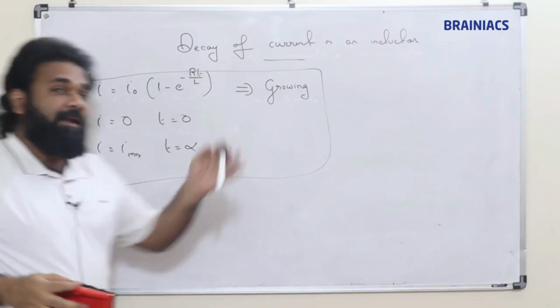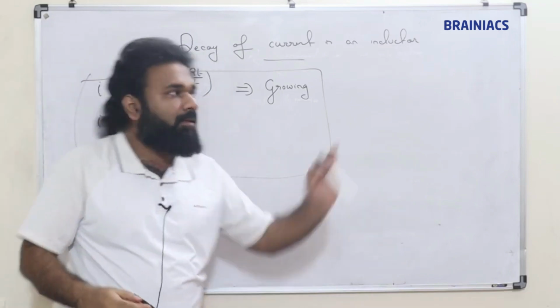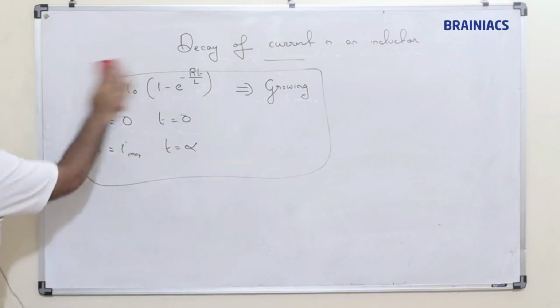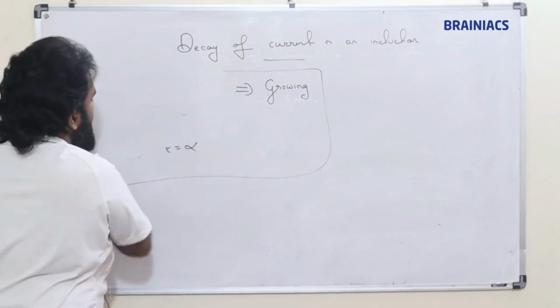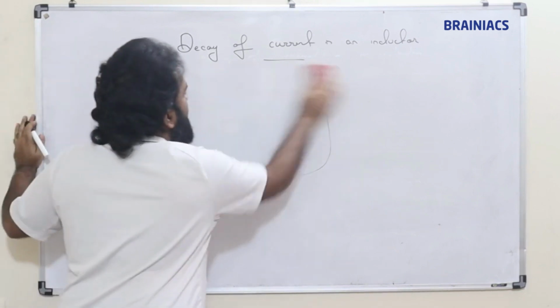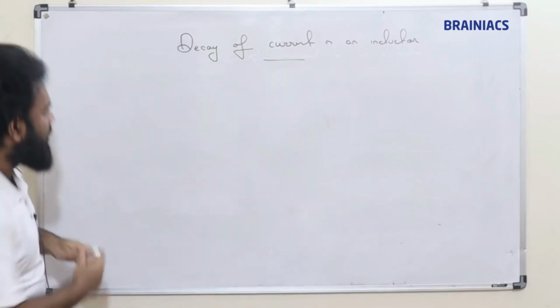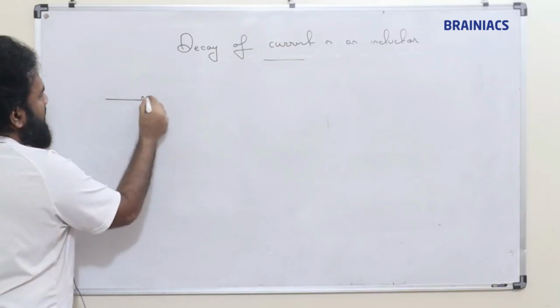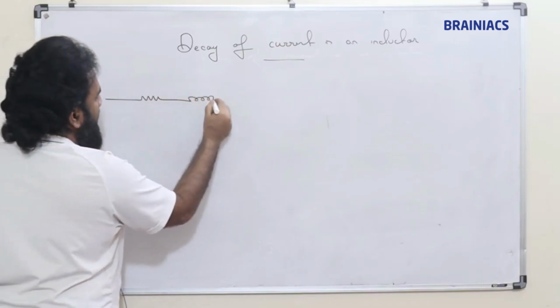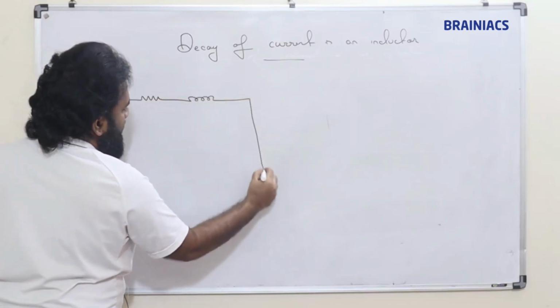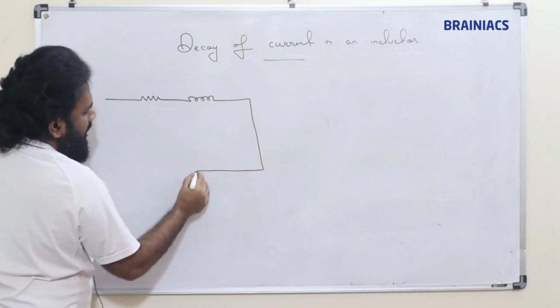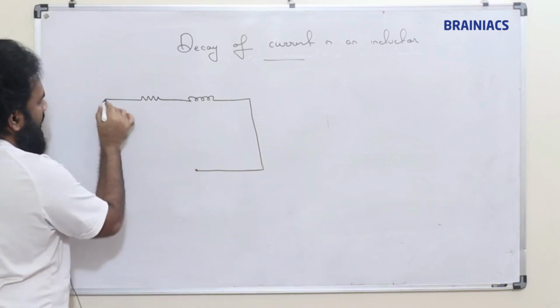Suppose if the current is decreasing, then the story will change. So that is what we are going to see now. In the previous circuit, we have a resistance and an inductor. Suppose here is a connection.